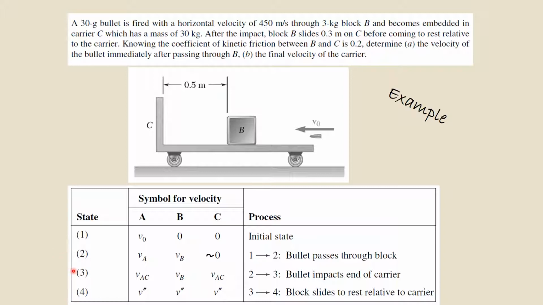From 2 to 3, from 3 to 4, that's only 3 collisions that we can write mv plus ∫F dt equals mv equations for. So if we only have 3 equations, how are we going to solve for 4 unknowns? We're going to have to reach into our bag of tricks and pull out some other equations.